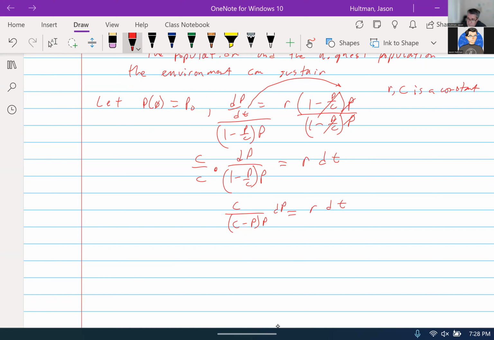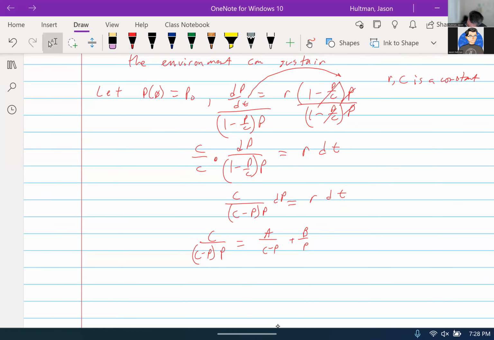Now what I want to do is some partial fraction decomposition. I'm going to say that C over C minus P times P is equal to A over C minus P plus B over P. Okay, so let's do some partial fractions on this.